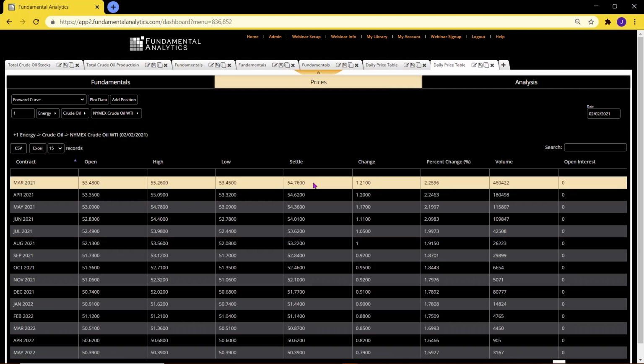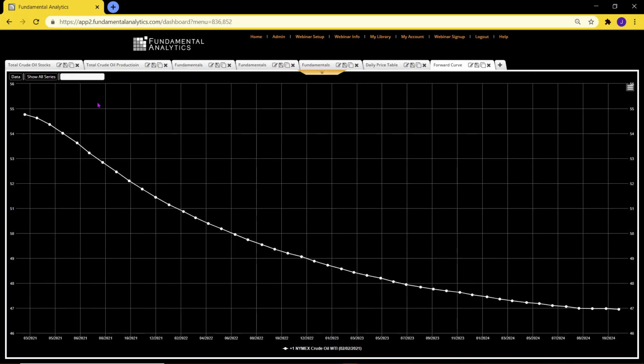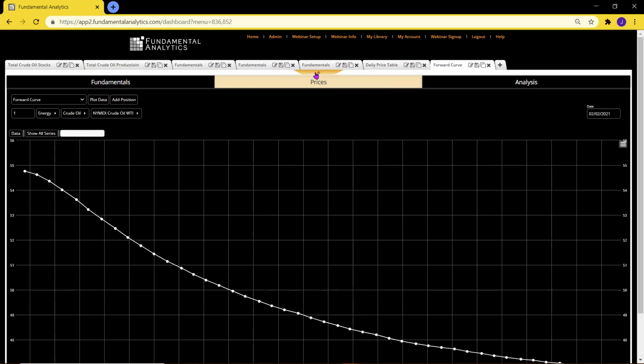It's not a forecast. It's what refiners, hedgers are willing to pay for that crude in those months coming forward. I plot the data, and there we see the forward curve, which we call in backwardation. When prices get very low, this tends to go into contango, and I'll come back to that notion.